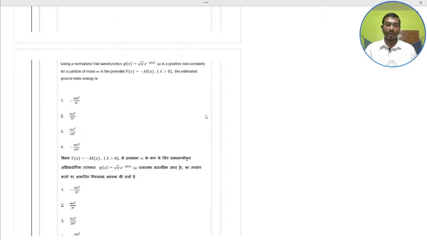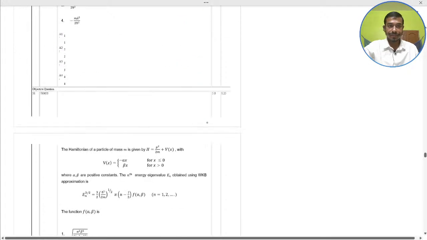Simple. One thing I repeat: the given wave function is the exact wave function for the given potential, so the exact eigenvalue will be the optimized solution to the eigenvalue, that is minus m lambda square by twice h cross square. Option 4 would be the correct one.